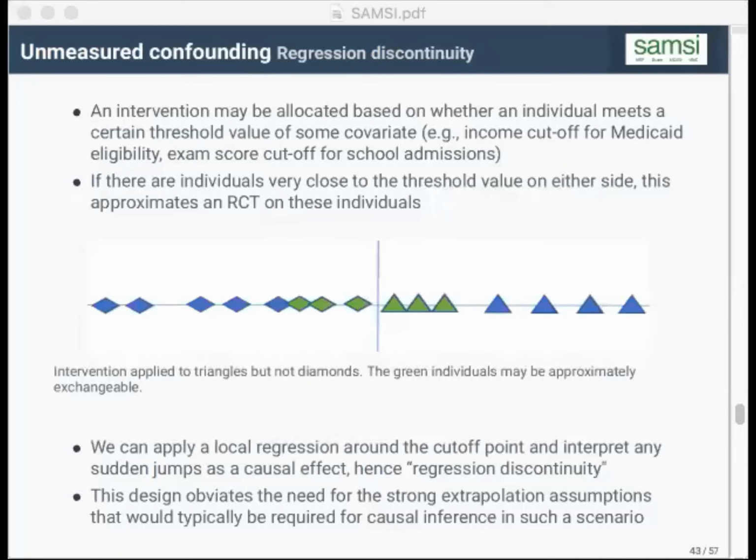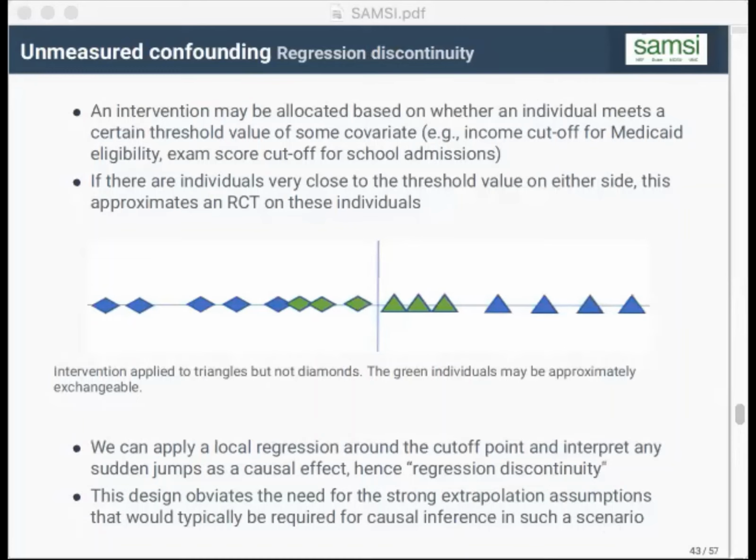Regression discontinuity is a way of extracting an as-if randomized experiment from settings where there's some arbitrary cutoff or threshold that determines whether people are eligible for the treatment or not.